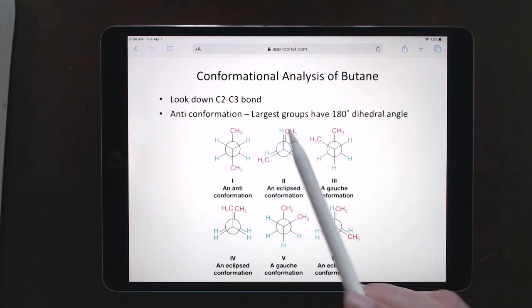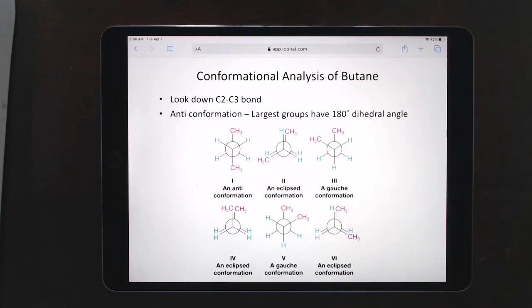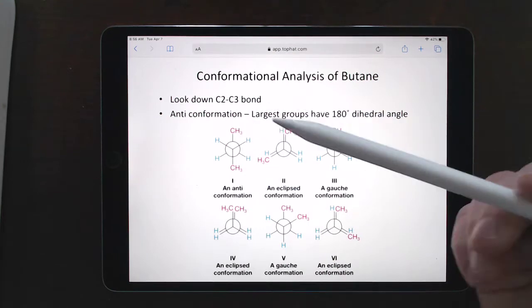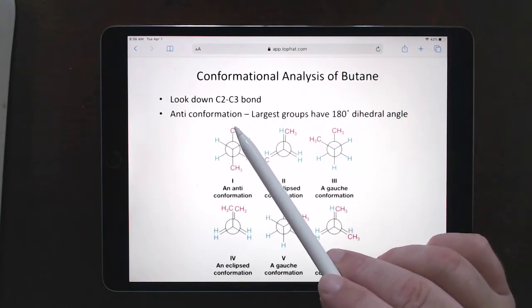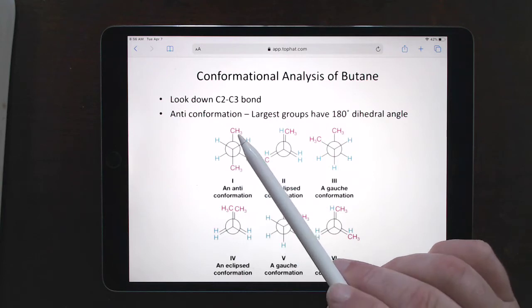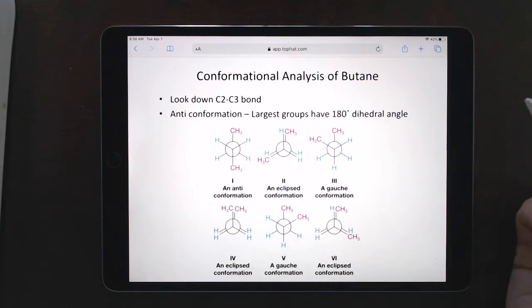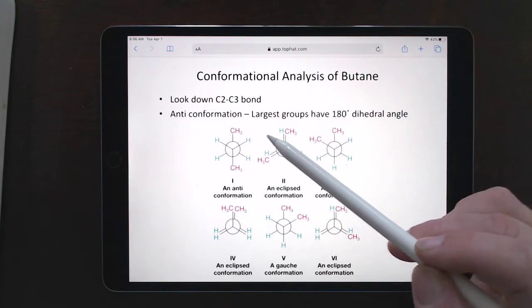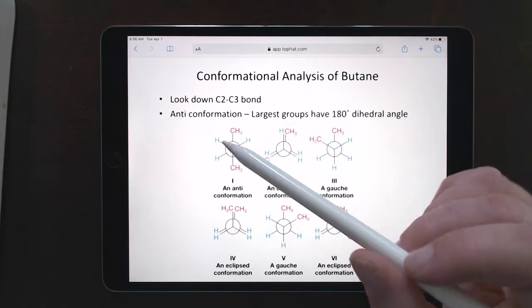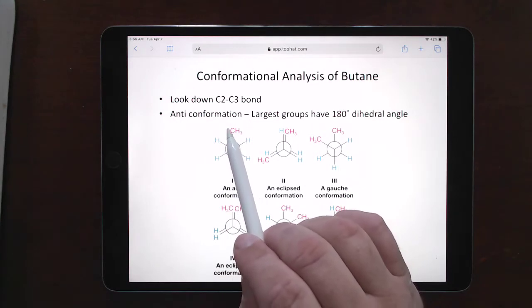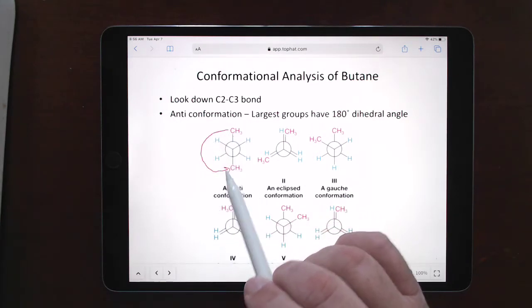Now, if you were to look at butane, it works the exact same way. The easiest way to think about it is that instead of hydrogen, we have the methyl. In this case, we're going to rotate the front one.